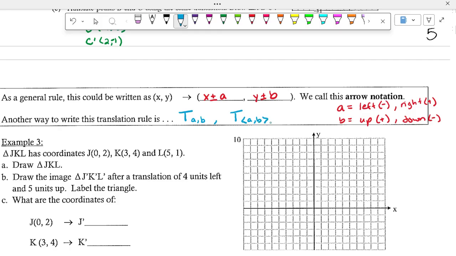Technically, these little brackets are known as vectors. They look like less than, greater than signs, and those dictate a vector. If a is negative, that means you're going left that many units. If b is negative, that means you're going down that many units. Positive, up, right.